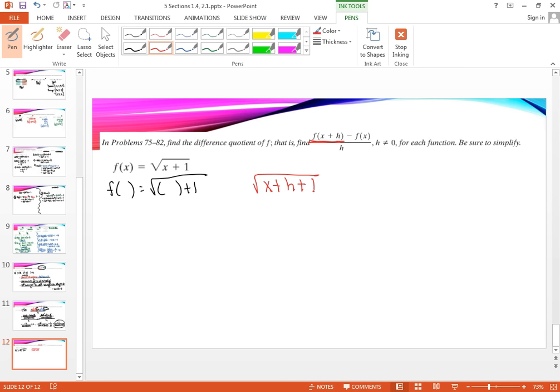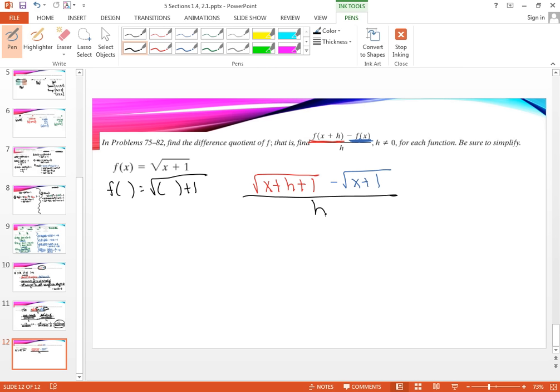Again, I could put the parentheses around the x plus h, but this just gets really messy, so I try to keep as many extra symbols out as I can. Then I need the minus f of x, so minus f of x over h.